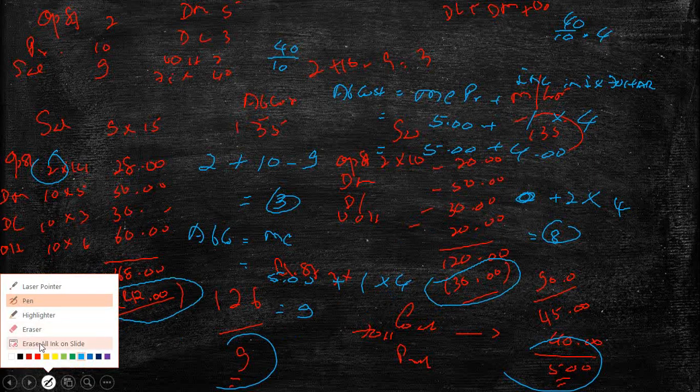Right. So again, just for your records, marginal cost is direct material plus direct labor plus variable overhead. This is what we call marginal cost. In this case, 5 plus 3 plus 2 is your marginal cost, which is 10.